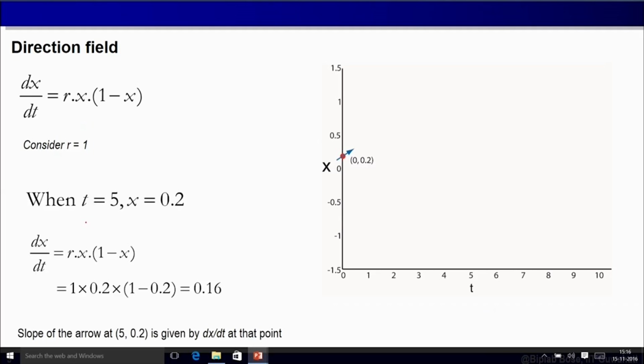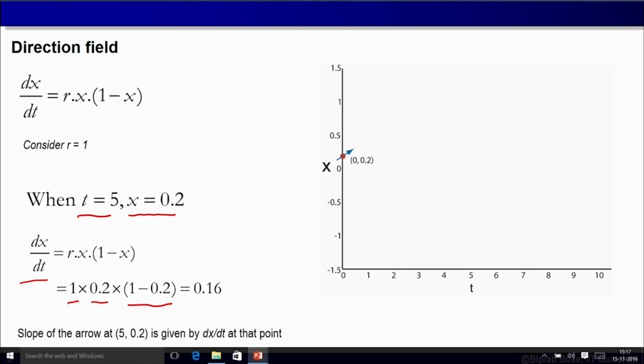Let us take another point, for example, t equal to 5 and x equal to 0.2. Let us calculate what is the value of dx dt at that point. R is again 1, x is 0.2, 1 minus 0.2 is 0.8. You don't have any t term in this equation. That means this is not affected by t.